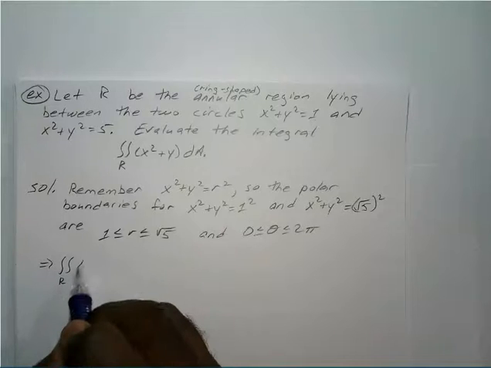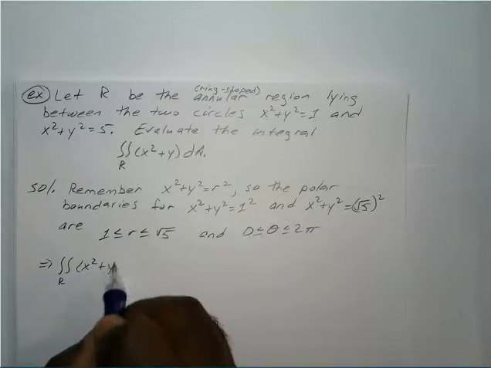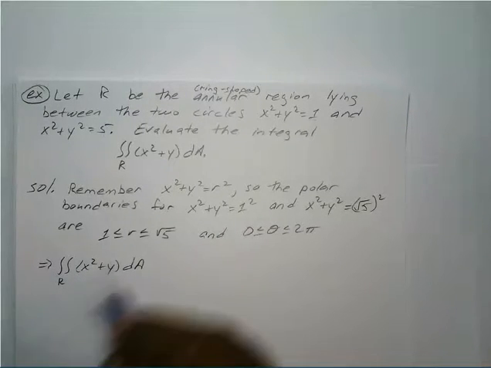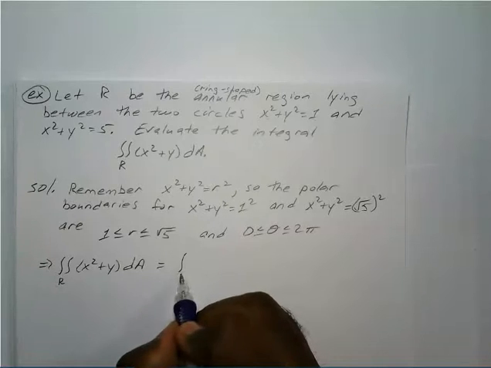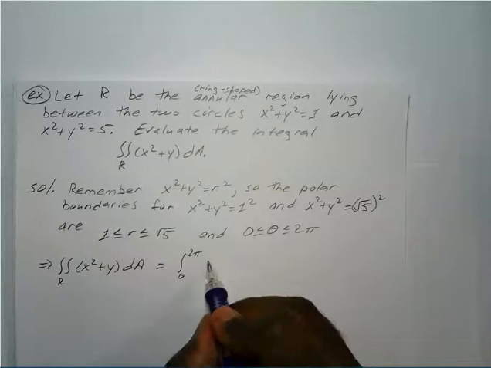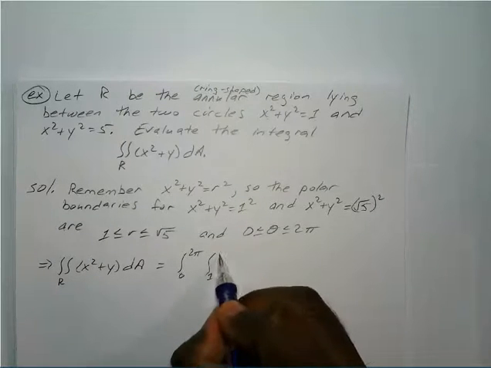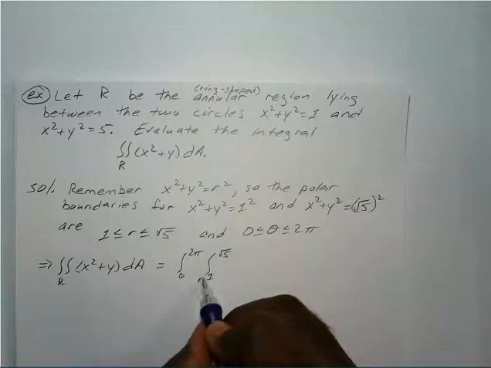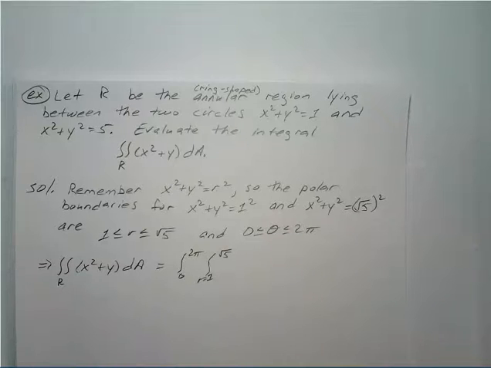Okay, so the region of x squared plus y is, let's say, theta from 0 to 2 pi, and r from 1 to square root of 5. Make sure you don't make any errors.